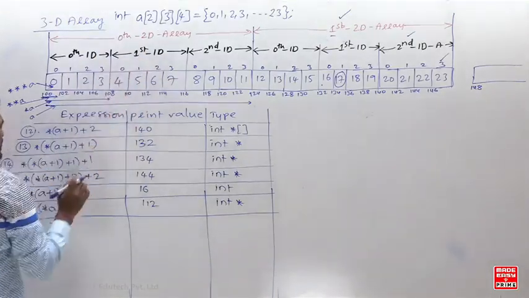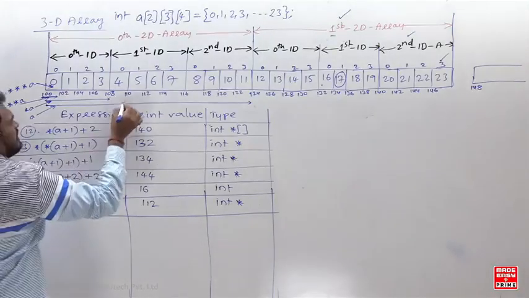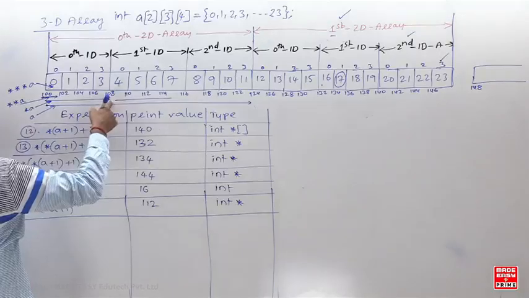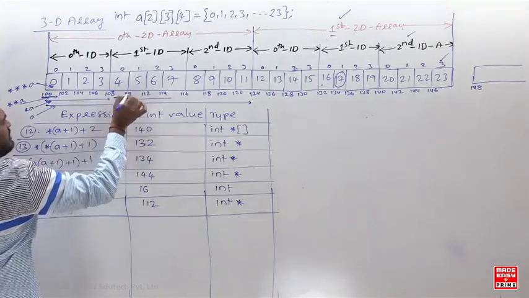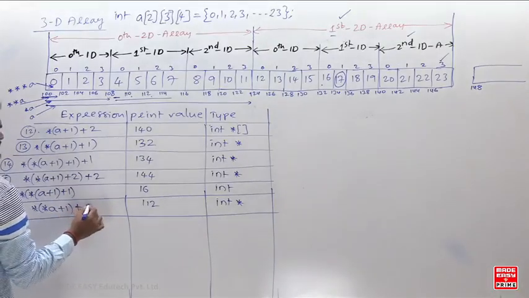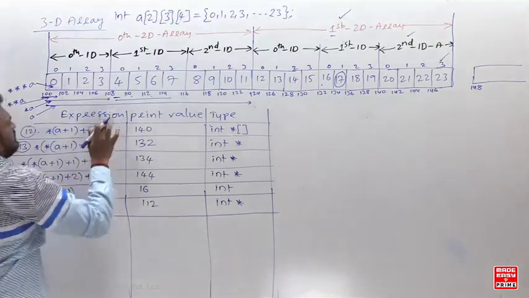Is that clear? Now star A plus 1, whole star, it is pointing to an element. And now if I say plus 1, you come here. Plus 2 means you go there, 1, 1, 2. So you have to say plus 2: star A plus 1 whole star plus 2.